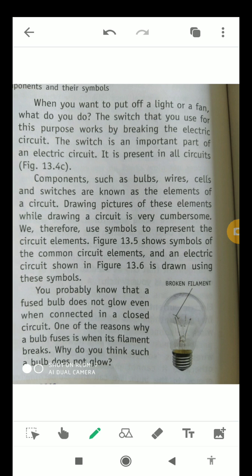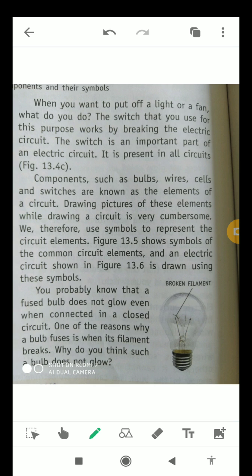Why do you think such a bulb does not glow? A bulb does not glow generally because the filament is broken. There is a filament present in the bulb which glows and gives the light. So whenever it breaks, the current does not flow in the filament.